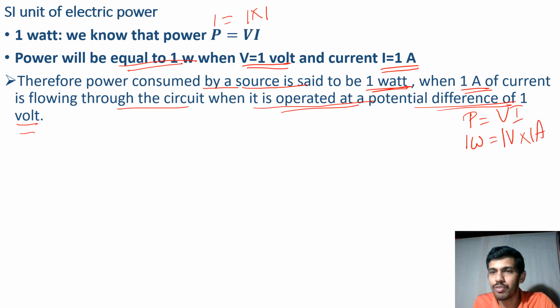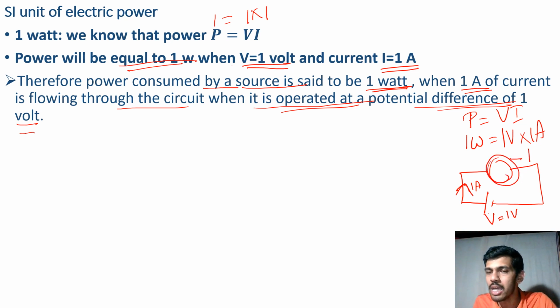If there is some device connected to a circuit through a battery and it is maintained at a potential difference V equal to 1 volt, and if 1 ampere of current is flowing through this circuit, then the power consumed by this device is said to be 1 watt. That is the meaning of this definition.